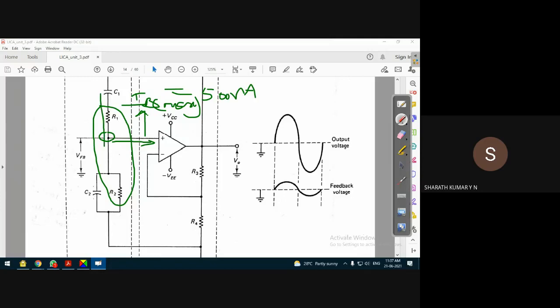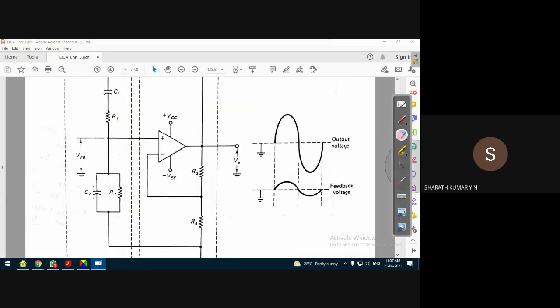Compared to the current flowing in this network, this current can be approximated to zero. So R1 and R2 can be visualized as a series resistance. What about C1 and C2, guys? C1 and C2 cannot be considered as a series capacitor because of the resistors, and hence the relation will be that R3 by R4.